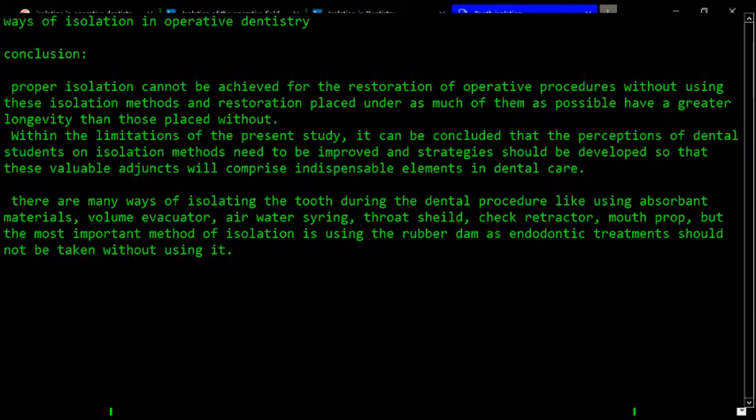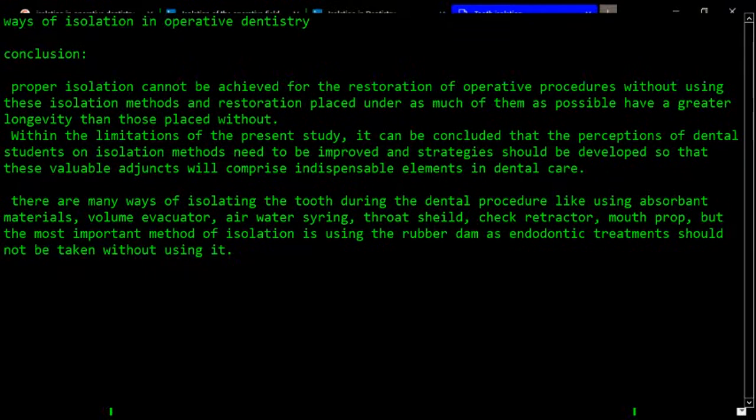Benefits of using rubber dam. The patient is protected from ingestion and aspiration of small instruments, and you operate in a clean surgical field. Protection of the soft tissue, gums and cheeks.